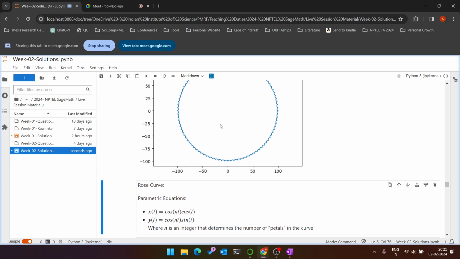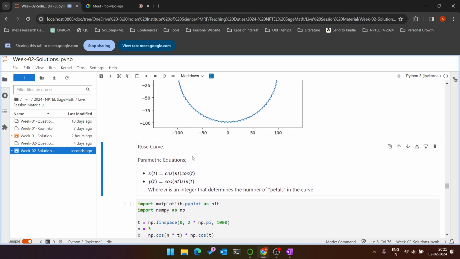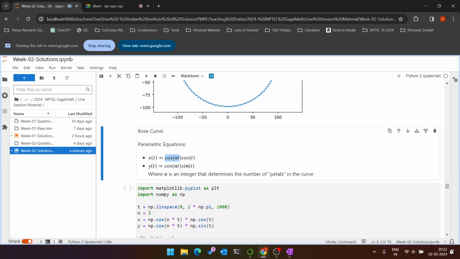Okay, another curve that we have chosen here is the rose curve, whose equation is given by x of t is cos of nt times cos of t, and y of t is cos of nt times sine of t. So there is a slower period, sine of t, cos of t, multiplied by a quicker period, cos of nt, nt being n times faster than the outer circle. So suppose I set n equals 1.